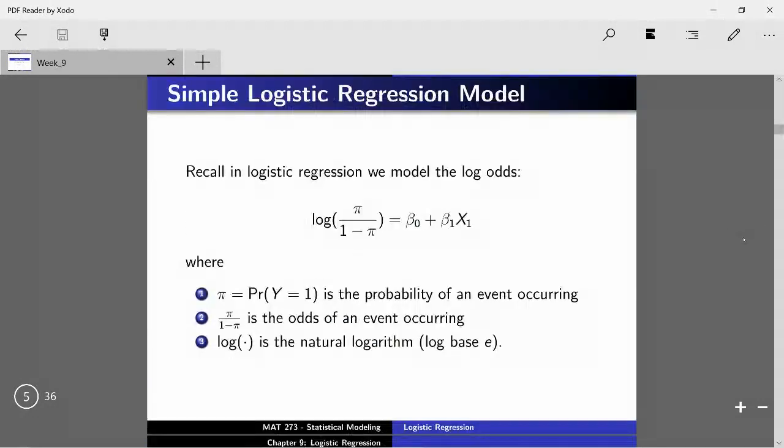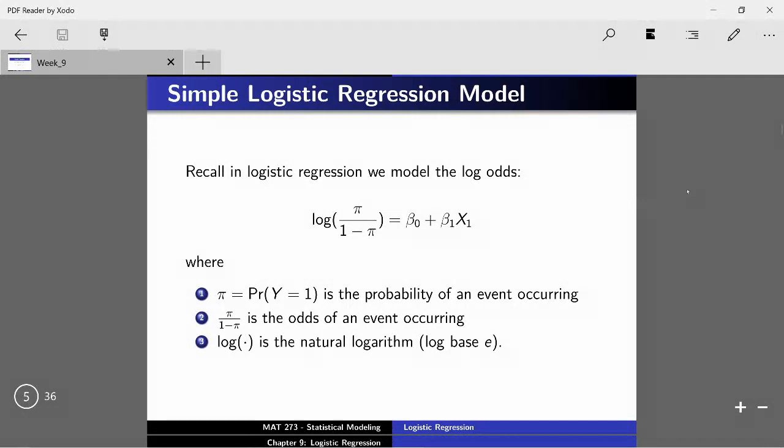So for the logistic regression model itself, here is the assumed model that we're using. We're modeling the log odds, where the odds is defined as pi over 1 minus pi, and pi is the probability of the event occurring. We model that as a linear combination of our predictor variable x, where beta 0, beta naught, is the intercept term, and beta 1 is the regression coefficient for x1.